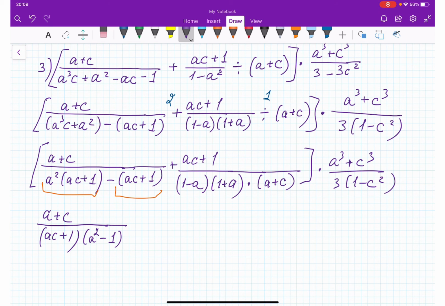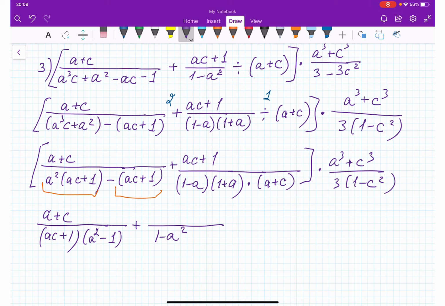There we go. Plus 1 minus a, 1 plus a. Oh, okay. Well, let's do it this way. 1 minus a, 1 plus a. I'm going to put back 1 minus a, 1 plus a. It's going to be 1 minus a squared. Yes?